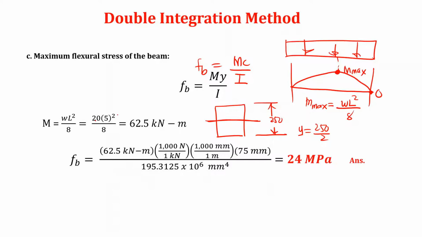So, therefore, the y there is that distance, not the deflection. You can also use Mc over I so it's less confusing. Anyway, just know the definition of y here. So, substitute the moment, 62.5 kilonewton meter. Convert that into newton mm. Okay, that's why the resulting answer, the flexural stress of the beam, is equal to 24 megapascal.